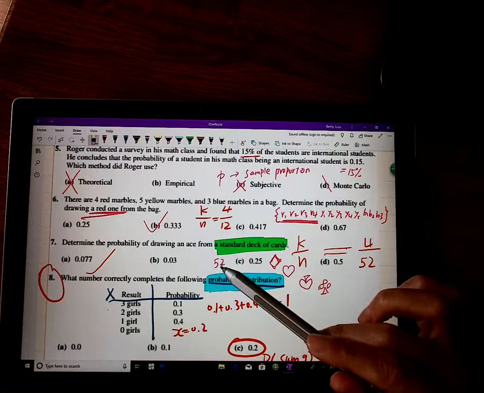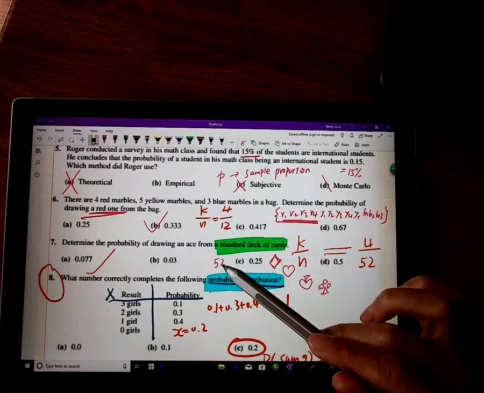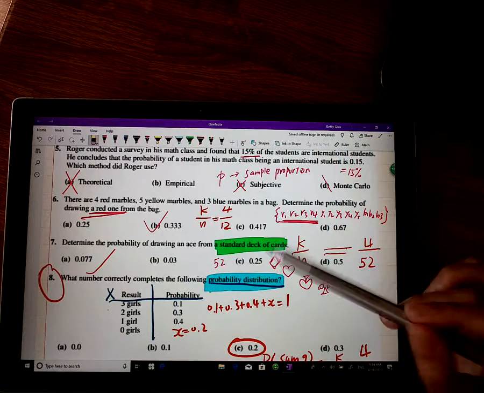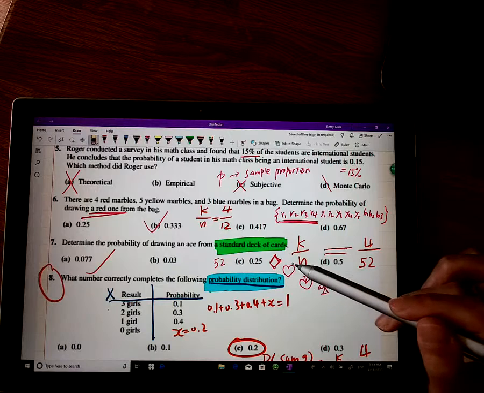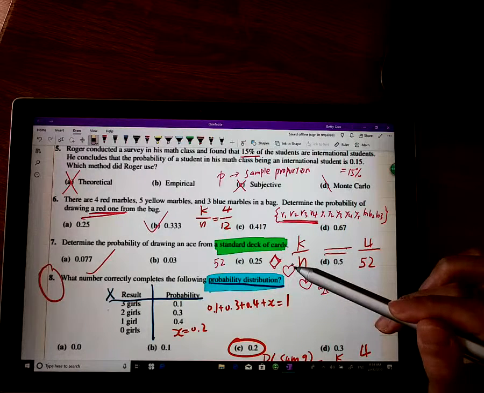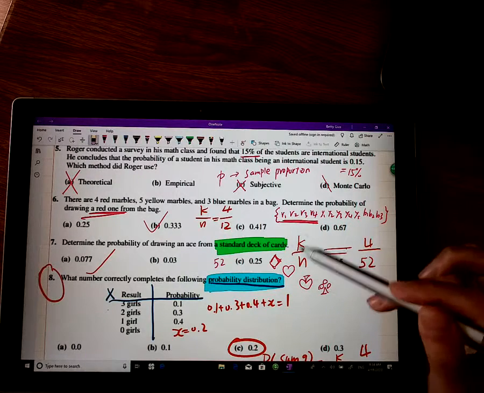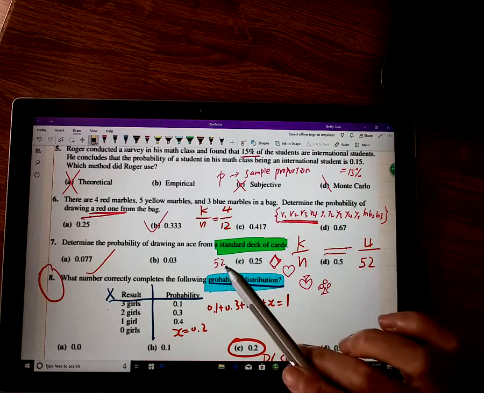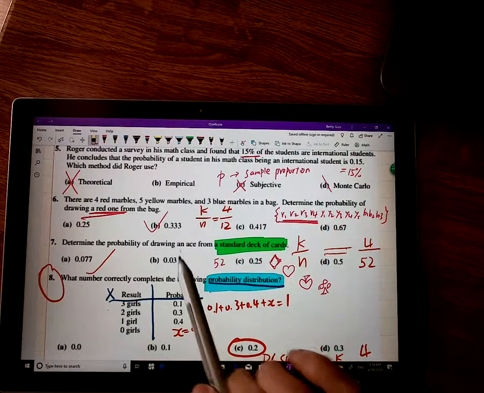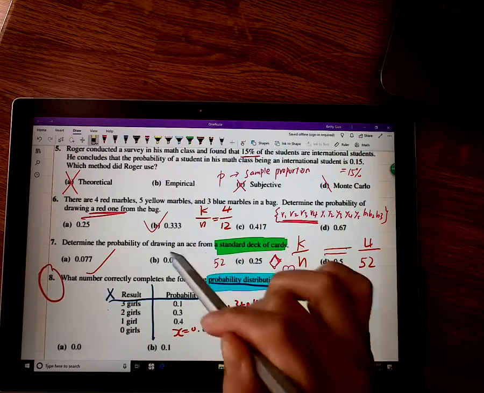The 52 cards are equally likely to be chosen because they look the same, right? So the denominator is 52. We're applying the theoretical probability definition, the formula here.